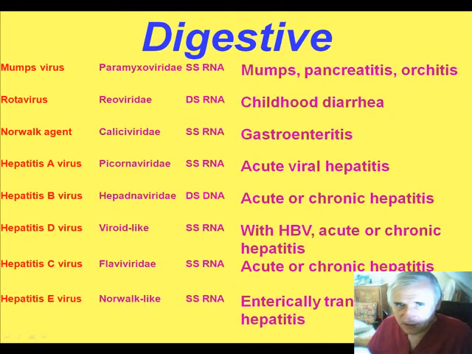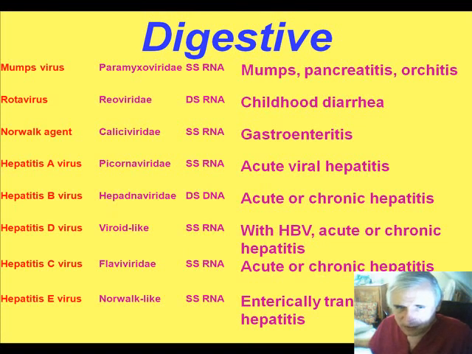Digestive viruses, well, mumps, which is technically paramyxoviridae, is a single-stranded RNA virus, and causes mumps. Mumps is a parotitis, that's a digestive gland, isn't it? Also pancreatitis and orchitis. Rotavirus, probably the number one cause of viral diarrhea. Norwalk agent, another gastroenteritis. And then we have our whole family of hepatitis viruses, which certainly apply to the digestive system as well.